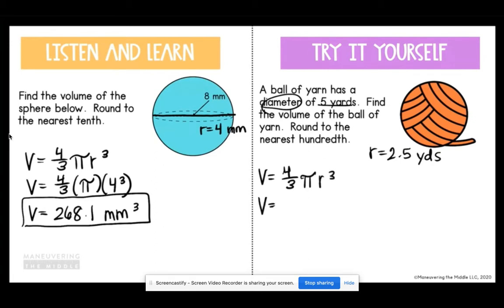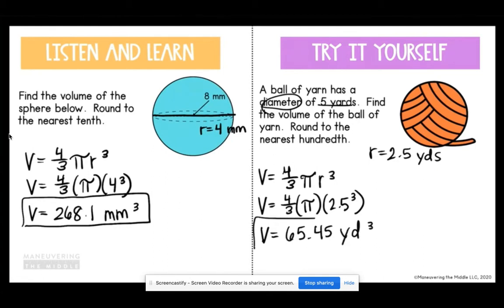Now substitute the radius. And let's multiply. 4/3 times pi times 2.5 to the third power gives us a volume of 65.45 yards cubed.